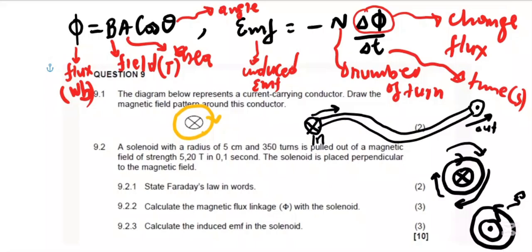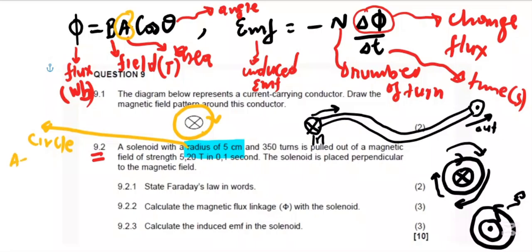Let's go to the second part, the last part of this question. A solenoid with a radius of 5 centimeters. So the solenoid has a radius, which means it is circular. It is a circle, which means when we calculate the area, we are going to calculate the area of the circle.